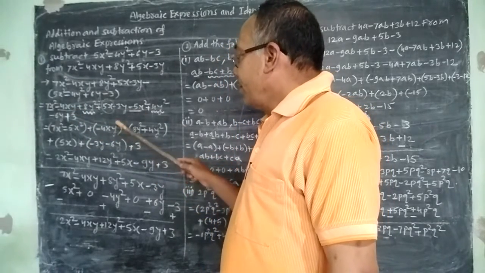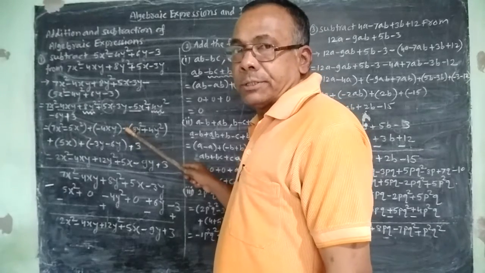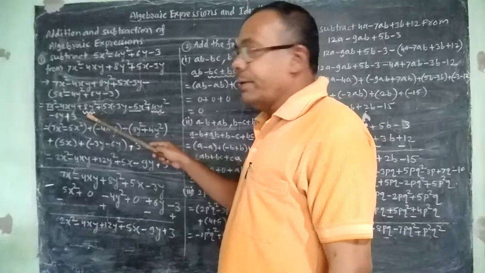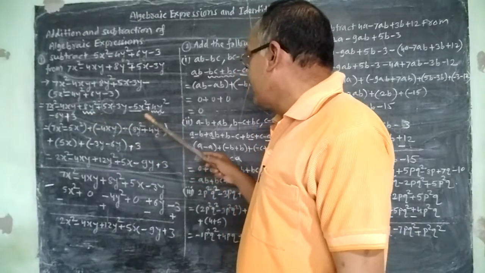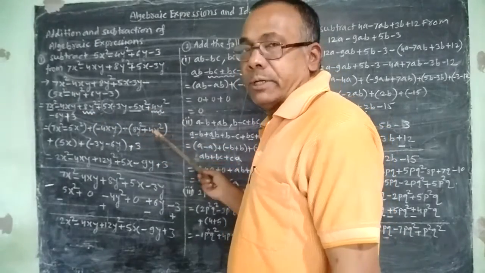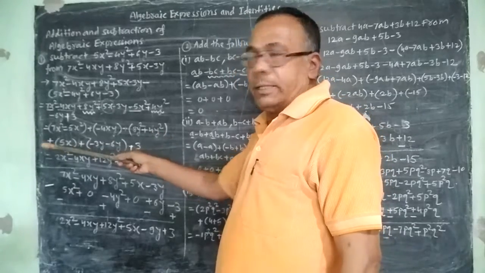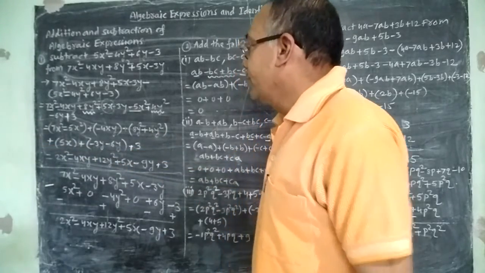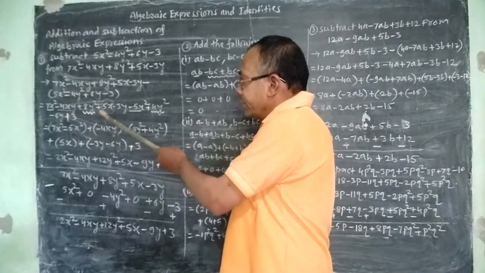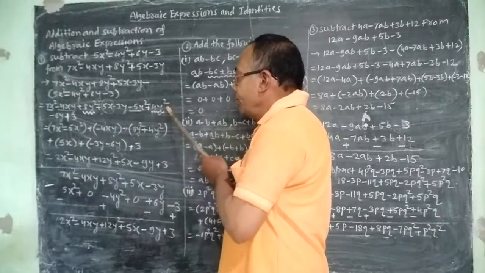So complete the bracket and then plus sign, and in the third bracket 8y square and its like term plus 4y square. So 8y square plus 4y square, bracket complete, plus sign. Then into the fourth bracket I have written 5x, but it has no like term.